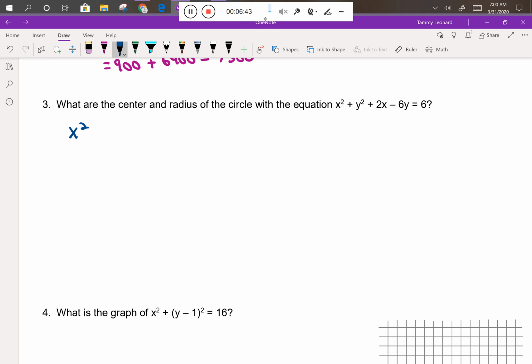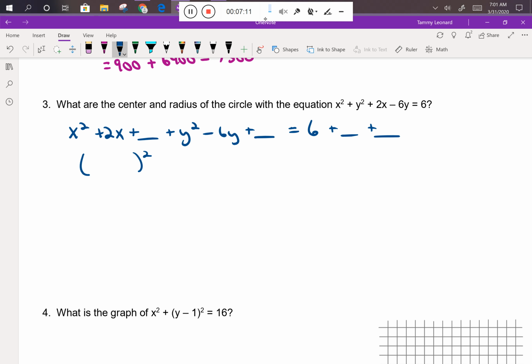So I've got an x squared and a plus 2x, and I know I'm going to have to add something to the mix to complete the square on the x's. And then I've got a positive y squared and a negative 6y, and I'm going to have to add something to both sides to complete the square for y. So on the other side, I still have that 6, but I need to put in 2 blanks so I remember that both acts of completing the square get counted.